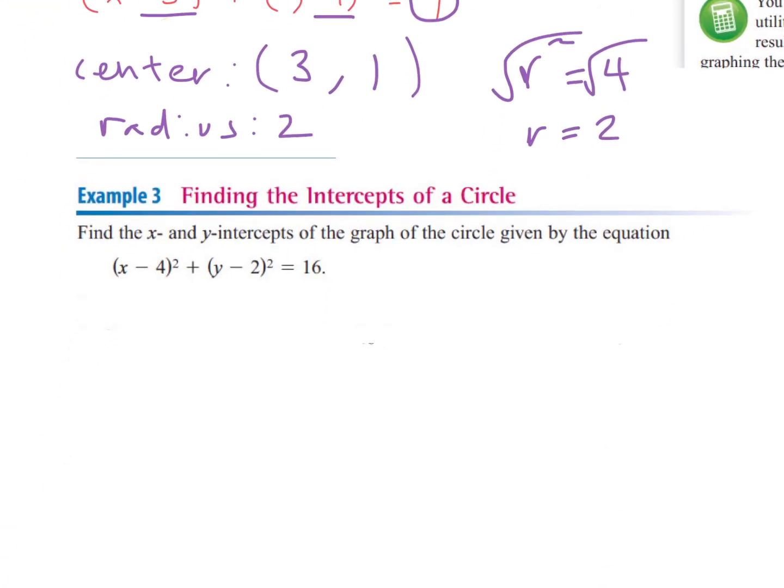Okay, so example 3 says find the x and y intercepts of the graph of the circle given by the equation. So anybody remember how we find our x-intercept? Set what equal to 0?